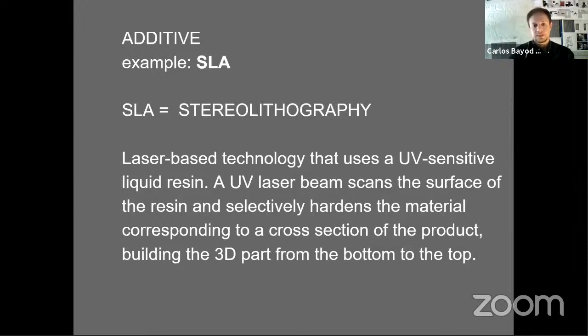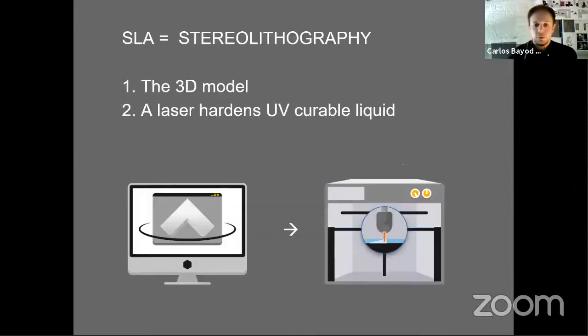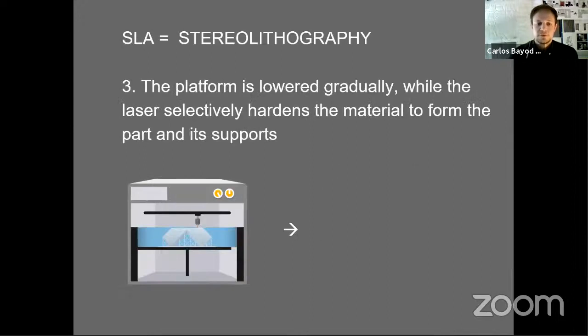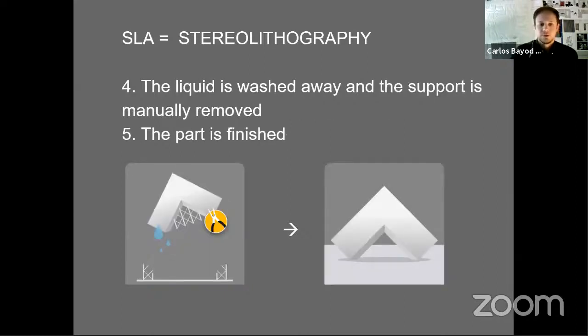You are starting from a kind of transparent liquid resin that you can solidify with a UV laser only in the areas that you want. You start from the liquid, and the 3D printing machine solidifies layers. So at the end, you bring your solid piece out of this bucket of liquid material.